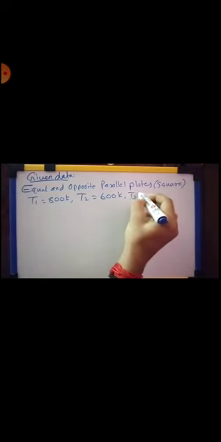It is given as equal and opposite parallel plates. Temperature of plate 1, T1 is equal to 800 Kelvin, temperature of plate 2, T2 is equal to 600 Kelvin, and temperature of the ambient, T3 is equal to 300 Kelvin.